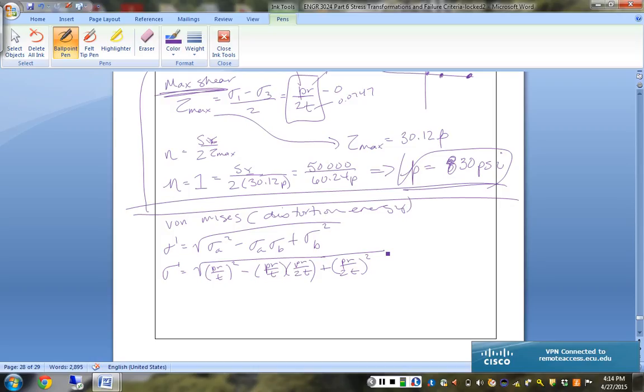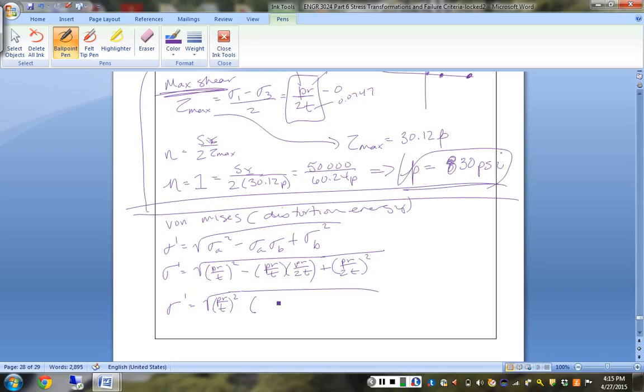I think all of those terms have a PR over T squared. So we have the square root of PR over T squared, and then if we see what's left, we've got a 1 minus a half plus a quarter.